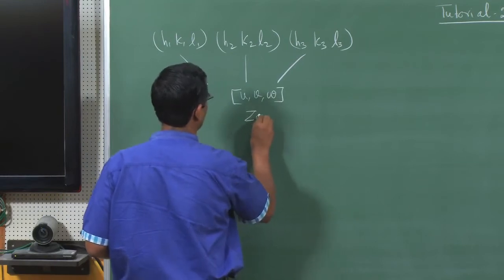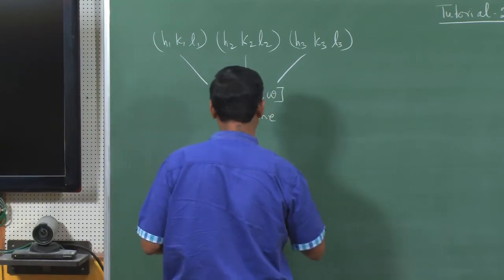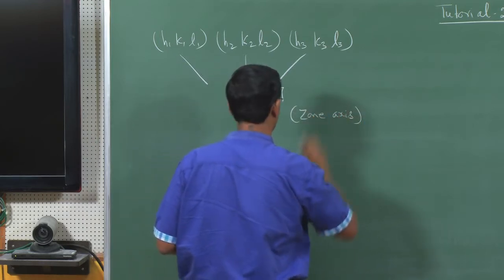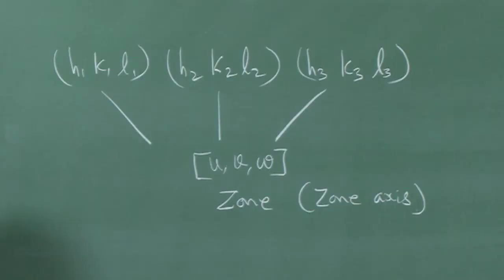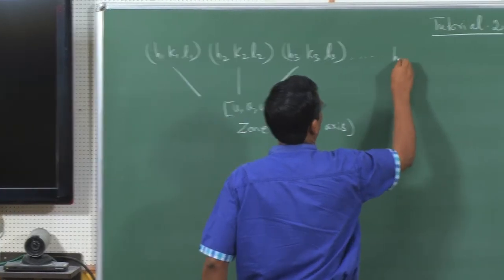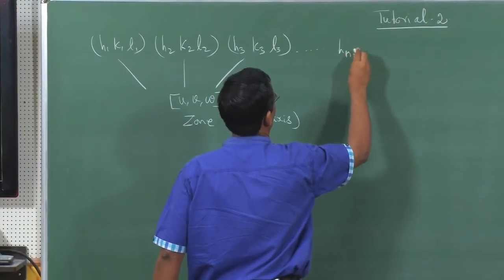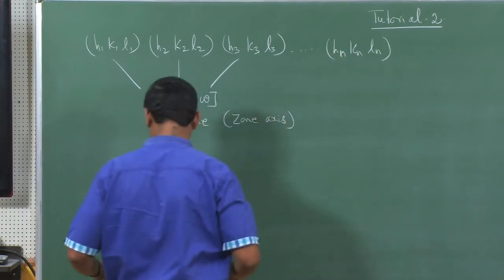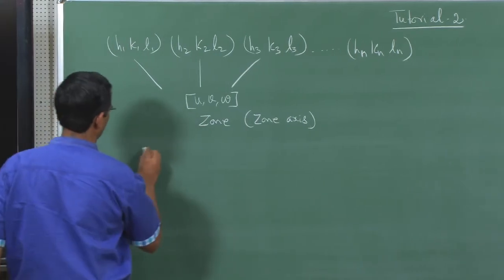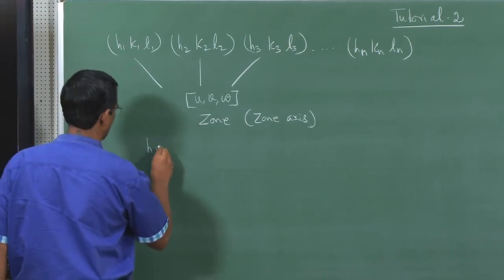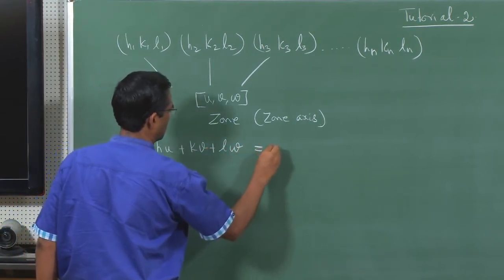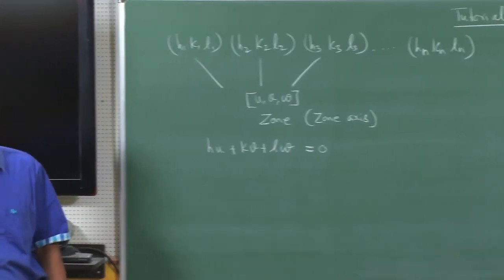This is the zone, also called the zone axis, and this is called Weiss zone law.